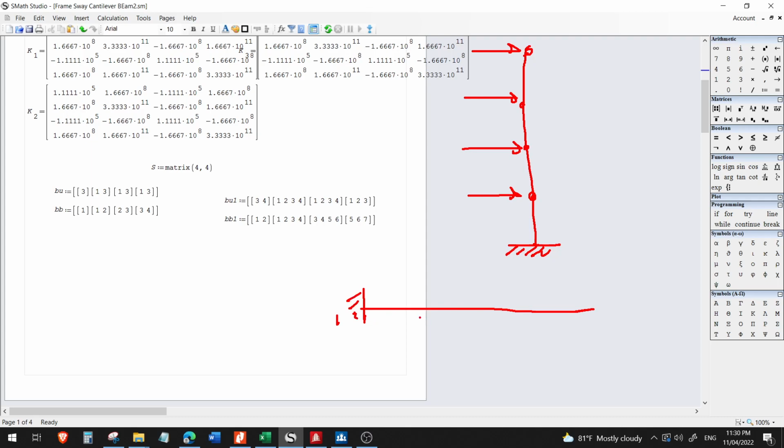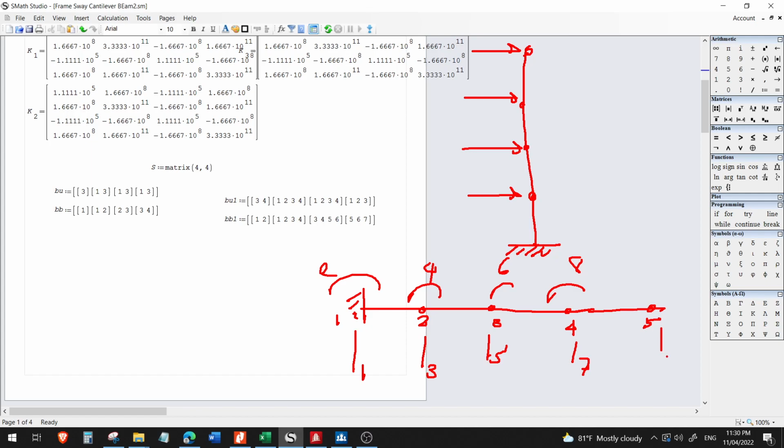So let's say this is node 1, node 2, node 3, node 4, node 5. But in terms of degrees of freedom numbering, this is degrees of freedom 1, 2, 3, 4, 5, 6, 7, 8, 9, 10. Right? So, those are the degrees of freedom.